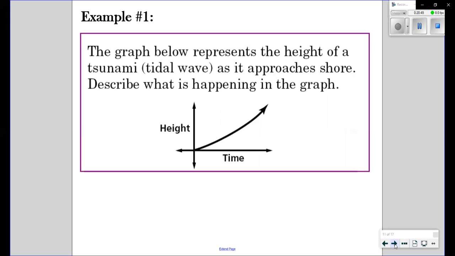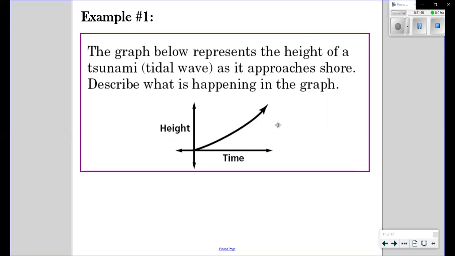For me, I would say that at this point, the zero, the origin, let's say it was 1 o'clock, the height of the wave was barely there. The ocean was calm. Also, as time passed, let's say within 15 minutes, the height of the wave got taller, taller, taller.